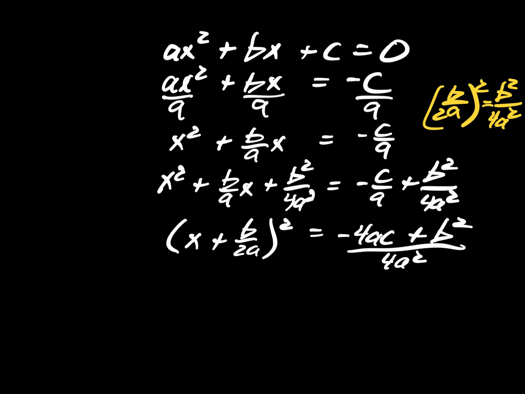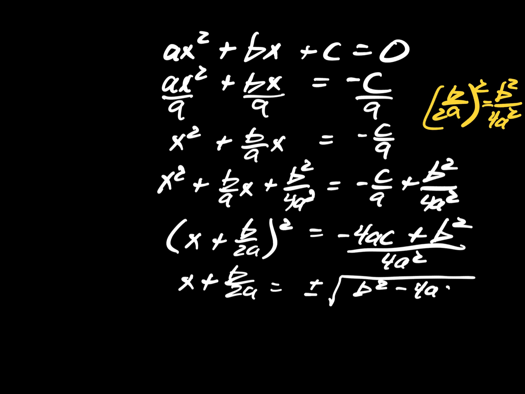And you can check that on your own. You'll take the square root of both sides. So x plus b over 2a equals plus or minus the square root, and we'll put it in the more familiar form, b squared minus 4ac over 4a squared.